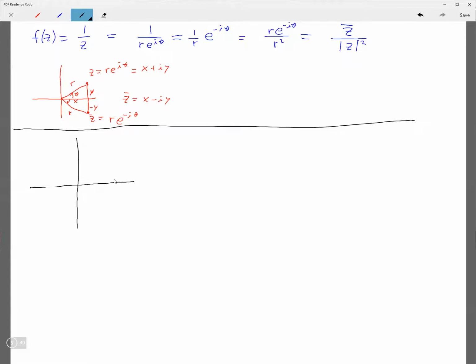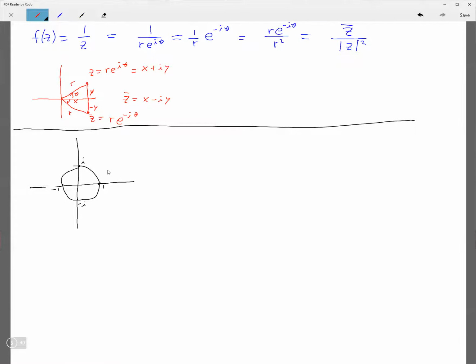Let's look at it this way. For reference, I'm going to draw the circle of radius 1. So that's 1, that's i, negative i. I'm not really going to use this, I'm just going to draw it for reference. Now we're going to pick a few points.